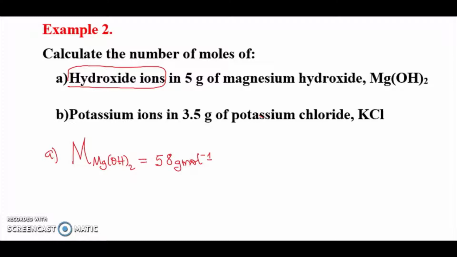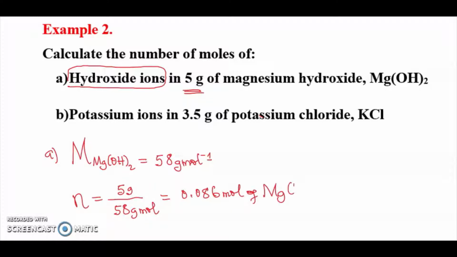So the number of moles is equal to the given mass, which in the question is 5 grams, divided by the molar mass, 58 gram per mole. So what do we have? We have 0.086 mole of magnesium hydroxide.